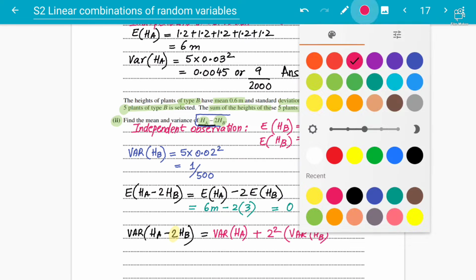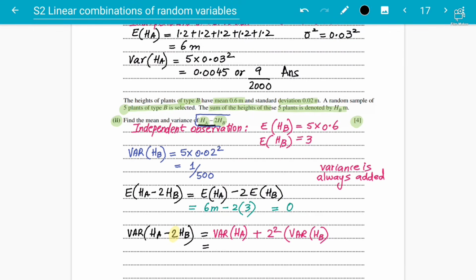So let's try to write it down and finish this. We can say the variance of HA was 9 over 2000. Let's use fraction form, 9 over 2000, and then plus 4 times this one, that is 1 over 500, that is the variance of HB.